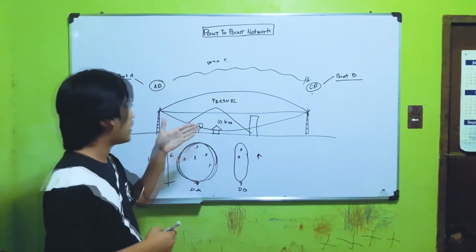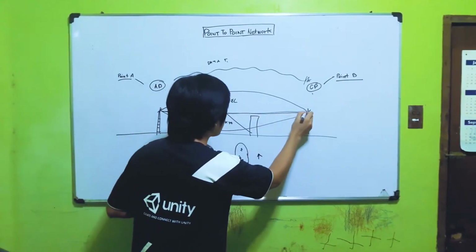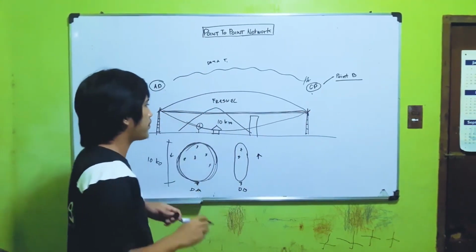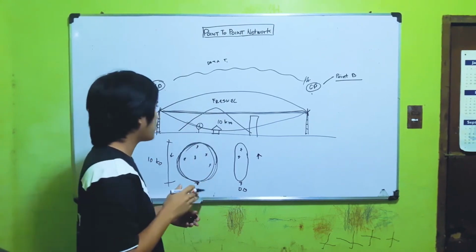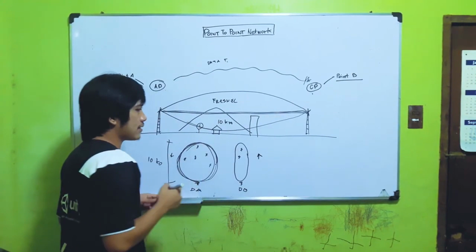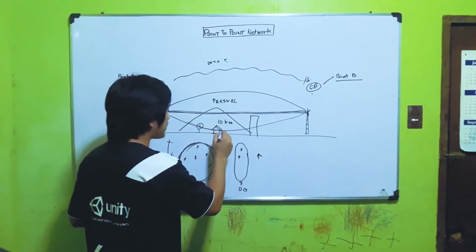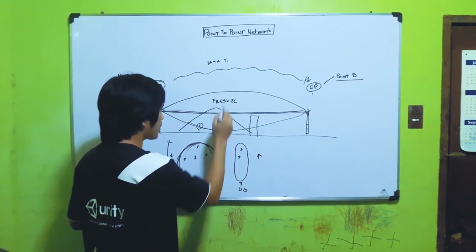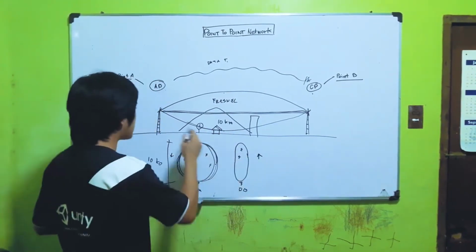Because P2P really requires the line of sight. A point-to-point connection really requires this. The line of sight should not have any interference for the devices to communicate properly. That is the second thing to know. First is that any interference within the Fresnel zone can affect the speed of the data transmission.